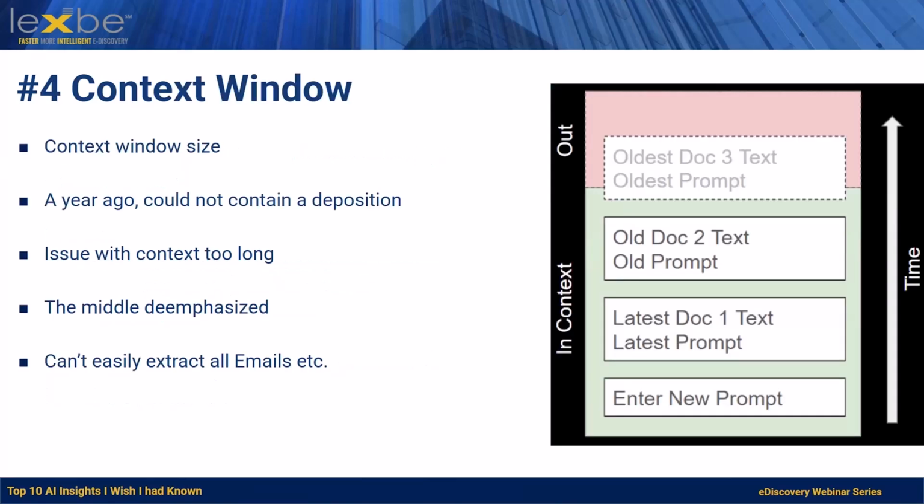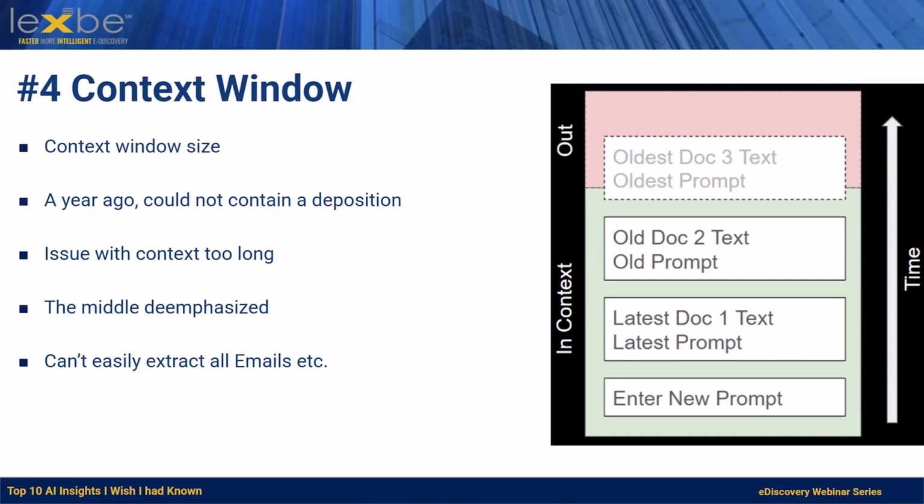All right. Next one, number 4, is the context window. That's a good one. Super important, especially a year or so ago, becoming less and less important as the context windows get larger. So what is a context window? The context window is like the buffer of how much text the GenAI model can hold.